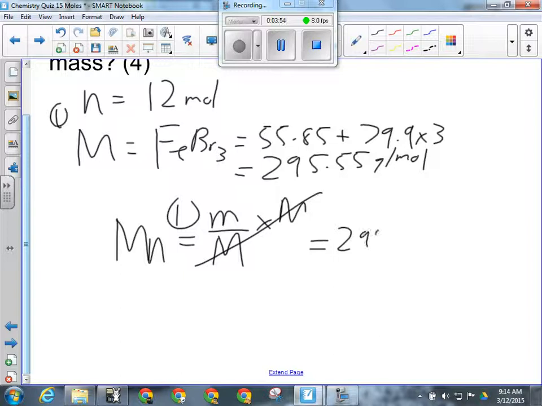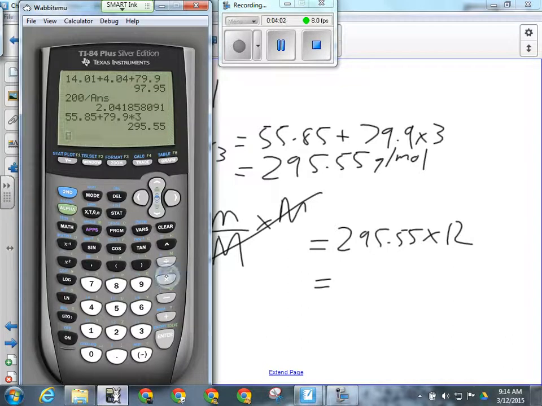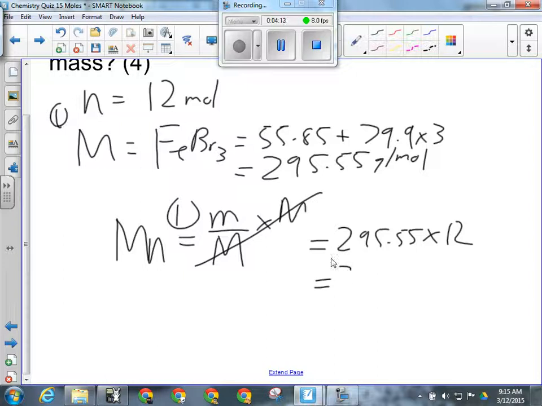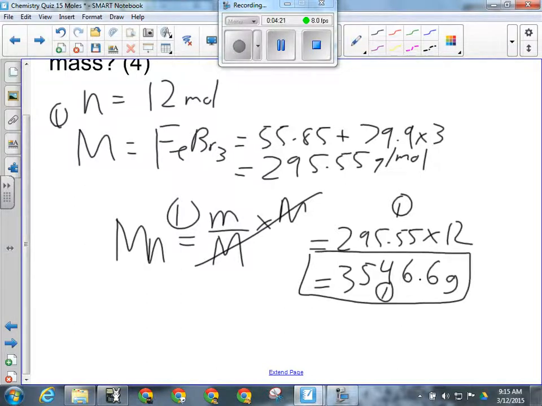So that'll be 295.55 multiplied by our 12 moles, which gives us 3,546.6 grams.